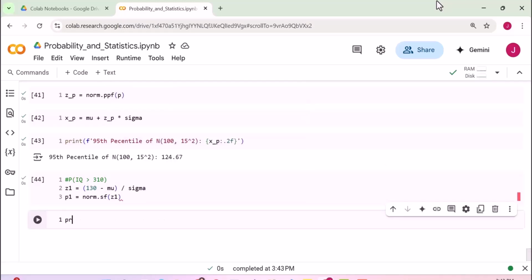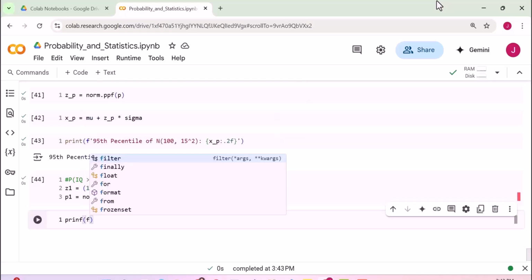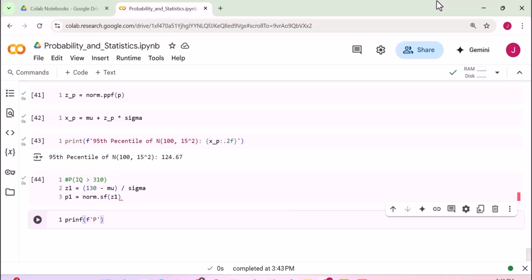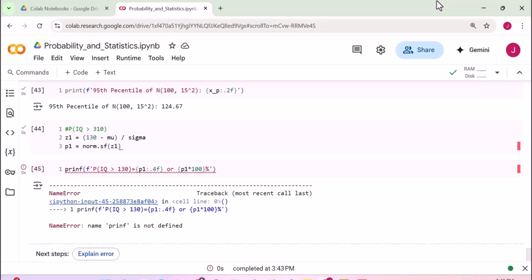So let's print it: probability of IQ greater than 130 is equal to p1 with 4 decimal places, or we can print it as a percentage, so p1 multiply 100.